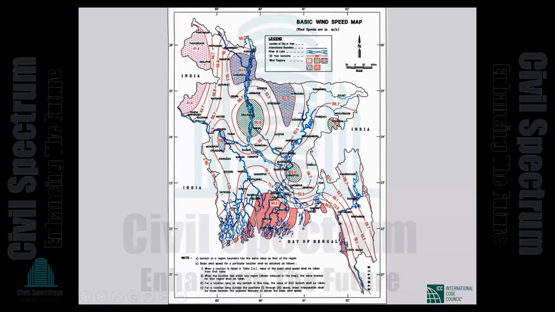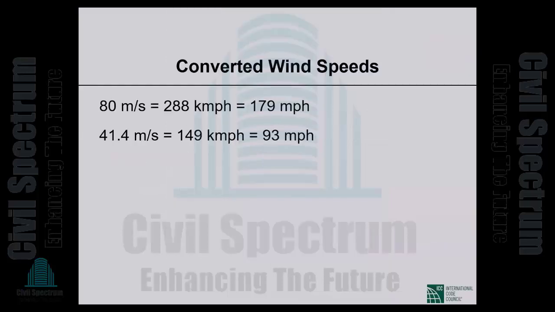So hurricane-prone regions or cyclone-prone regions in red on this map, the basic wind speed map, as it is called, that is part of BNBC 2020. Okay. Now, this tells you that away from there, the southern coast, if you are in Dhaka, well inland, the cyclones are not your problem. They do not determine your design wind speed.